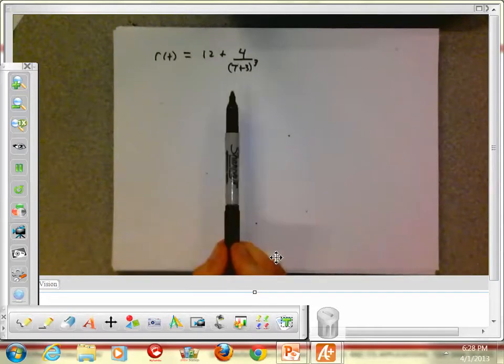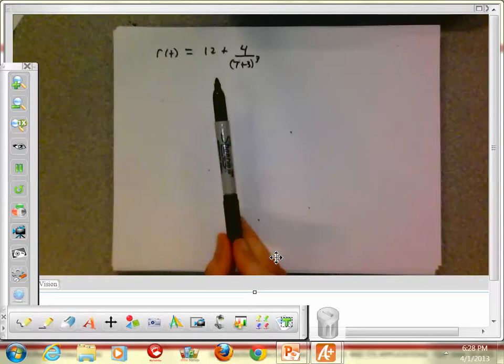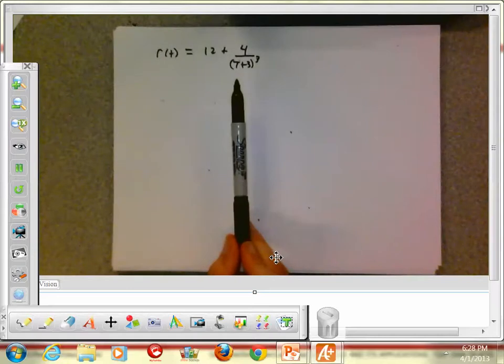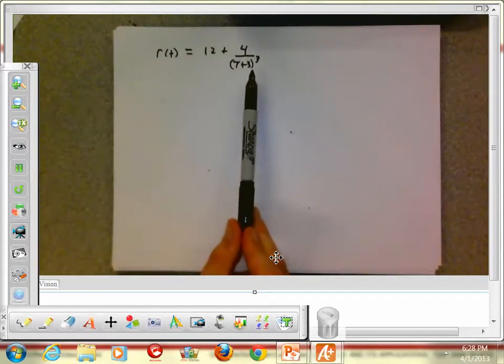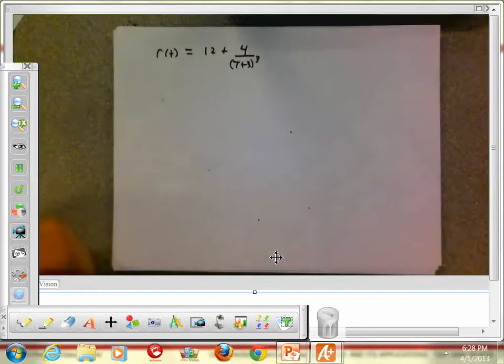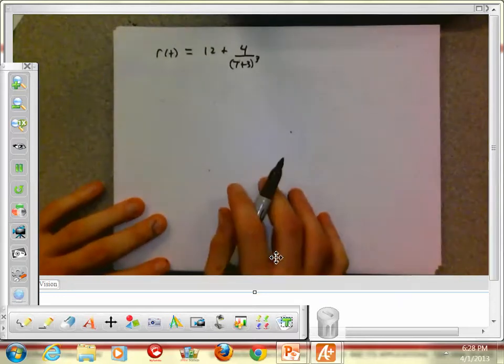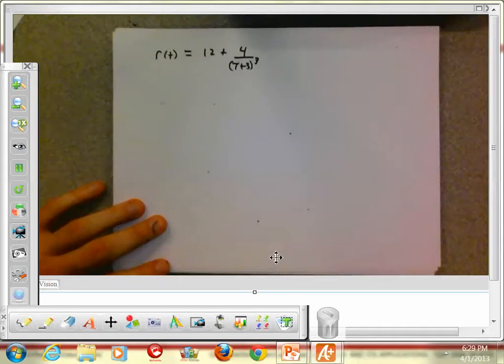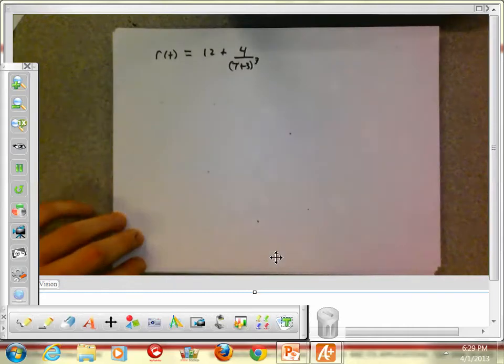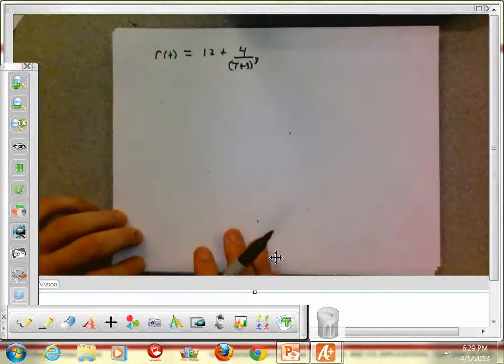Remember, rational functions are continuous on their domain, and since negative 3 is not in here, this is going to be continuous from 0 to 2, right? So part A said find the definite integral of this function between 0 and 2.